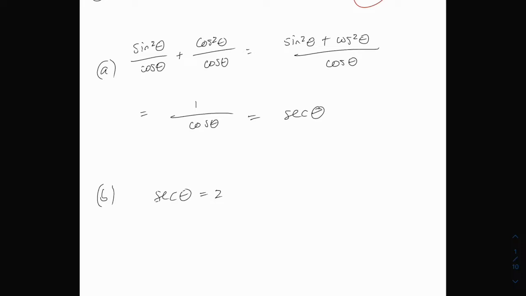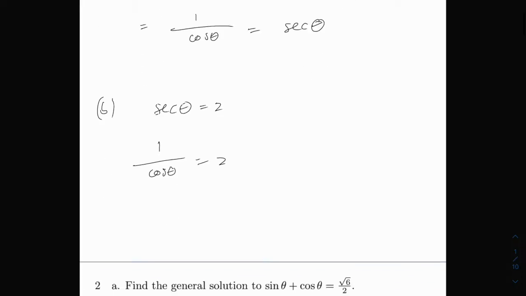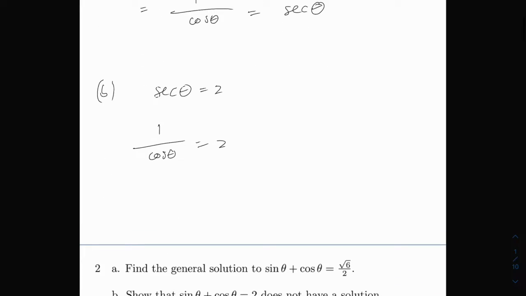And what's sec theta? Well, sec theta is 1 over cos theta. So 1 over cos theta is going to equal 2. So from here on out, this is going to be cos theta is equal to a half.